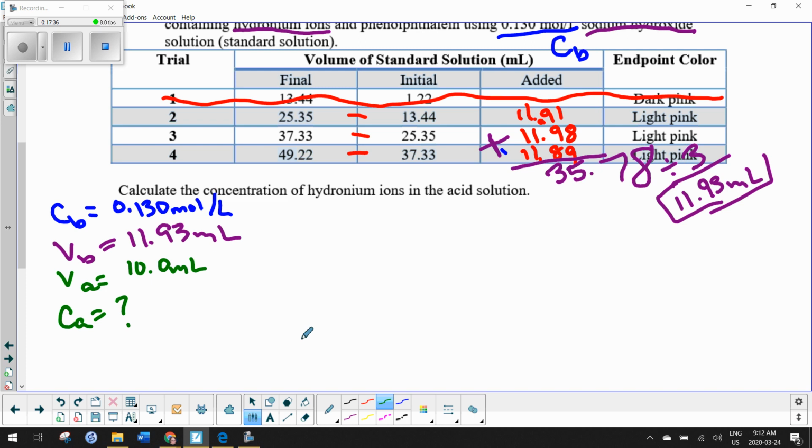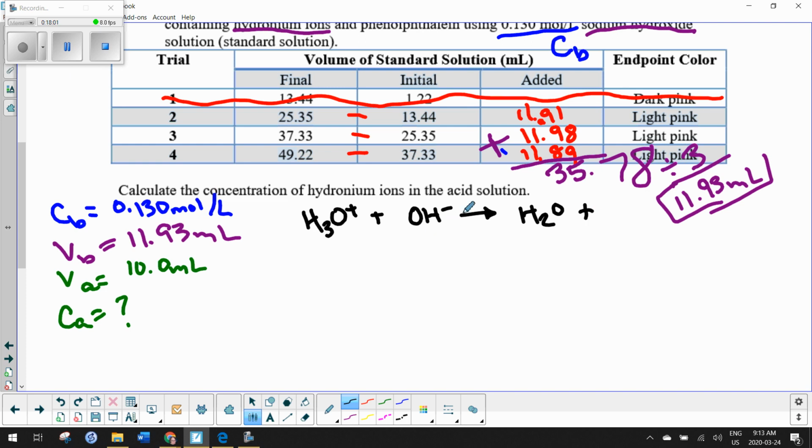There's all my data. Now I need to write my equation. So we had hydronium ions, which is H3O+, plus we had our hydroxide ions. If we're to write this equation, acids donate, bases accept. So if H3O+ loses one, it becomes H2O.